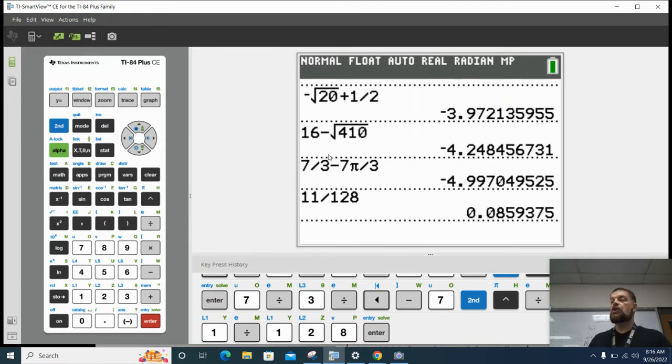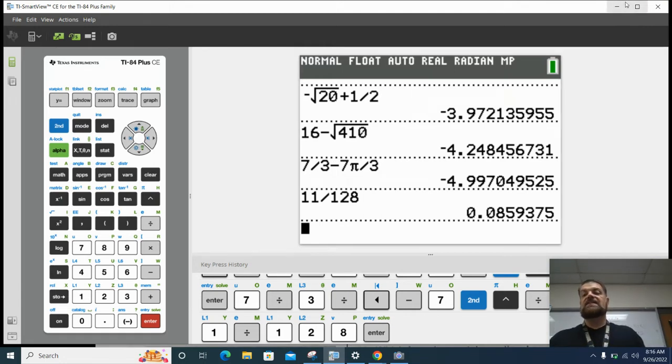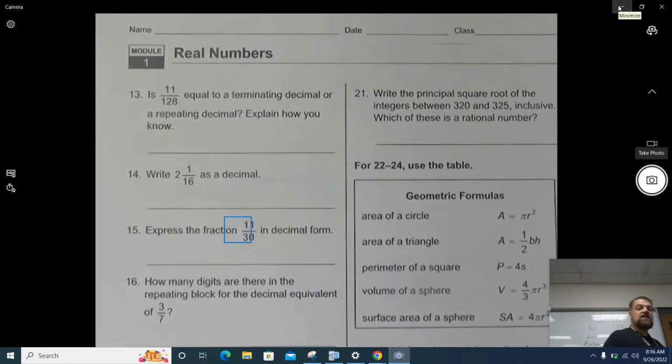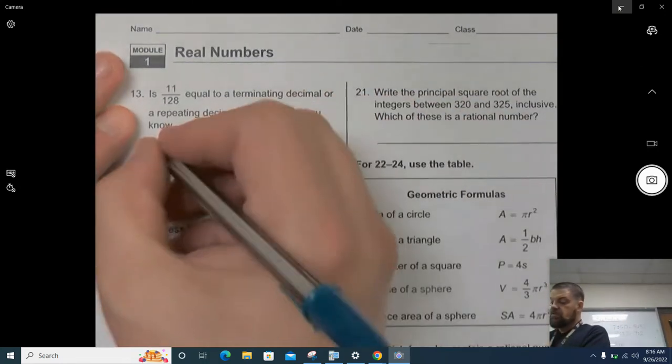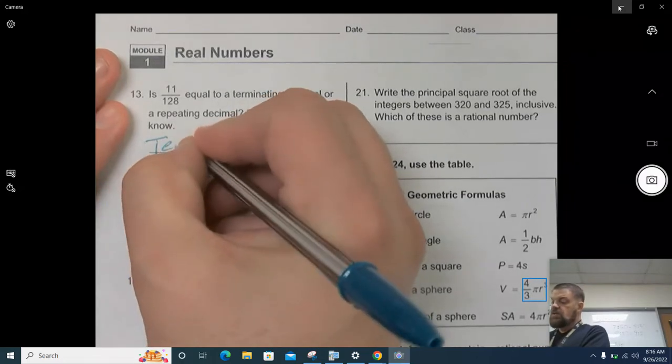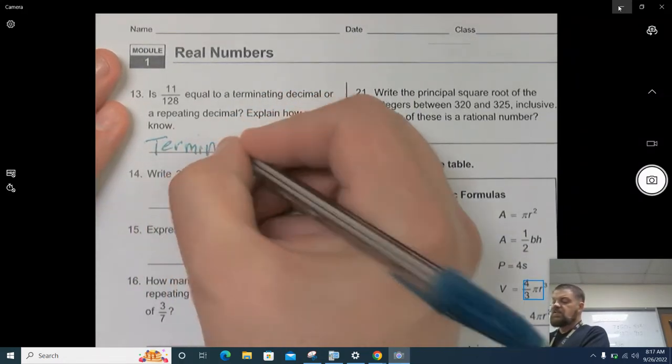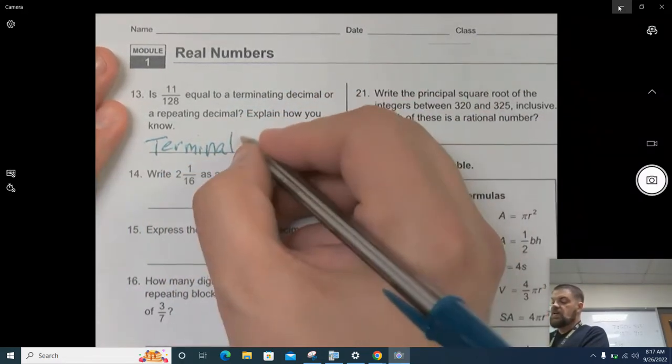So that means it terminates. Is it repeating? No. So for 13, it says, is it a repeating decimal? No, it's terminating. So you would say, explain how you know. Terminates means, that's a fancy way of saying that the decimal ends, right?